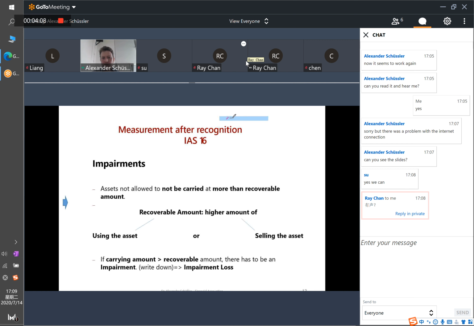Yeah, so this is called an impairment. This is called an impairment loss.